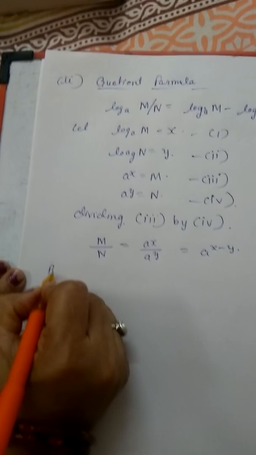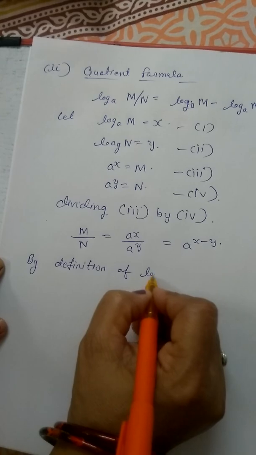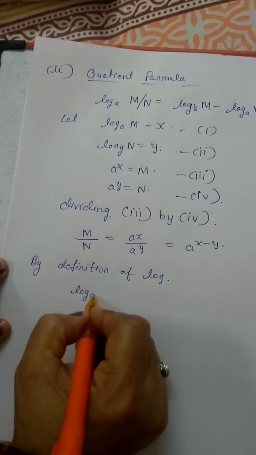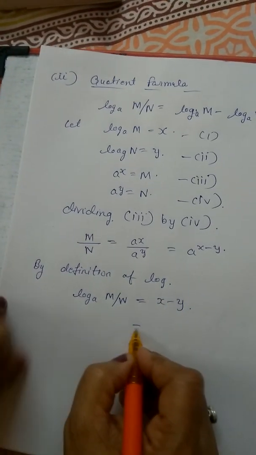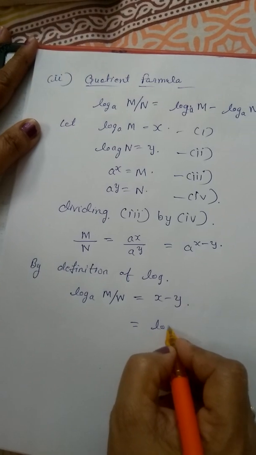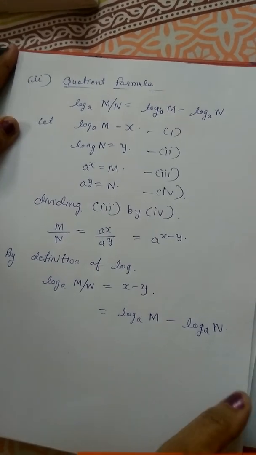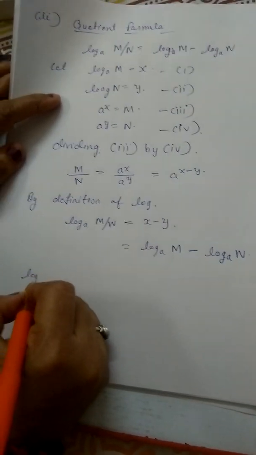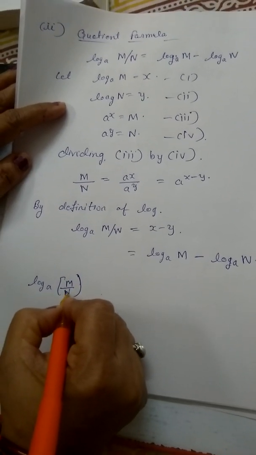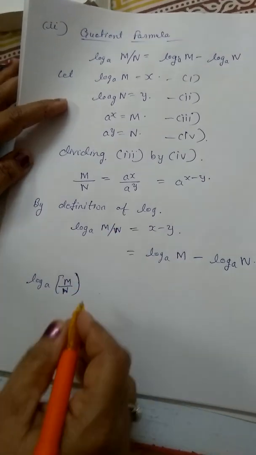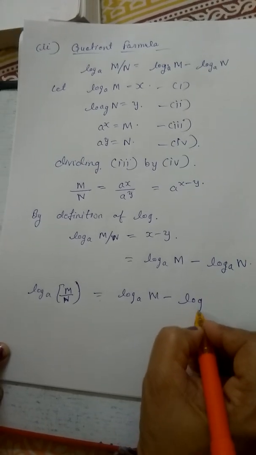By definition of log, log_a (m/n) equals x minus y. Now put the values of x and y here: log_a m minus log_a n. So log_a (m/n) is equal to log_a m minus log_a n.